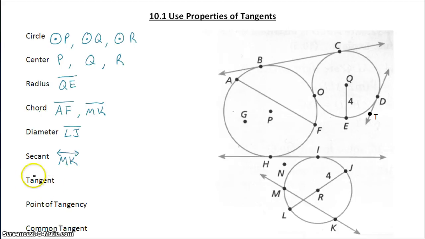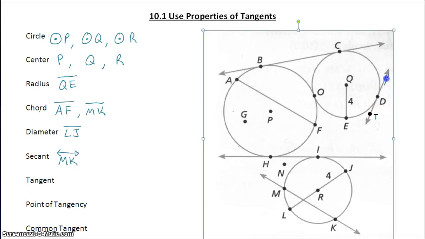Now last chapter, in chapter 7, when we talked about tangent, we talked about opposite over adjacent. In this chapter, tangent means touches at one point. So in this diagram, we have some tangent lines. If we look at line DT, DT is tangent to circle Q. It touches circle Q at exactly 1 point.